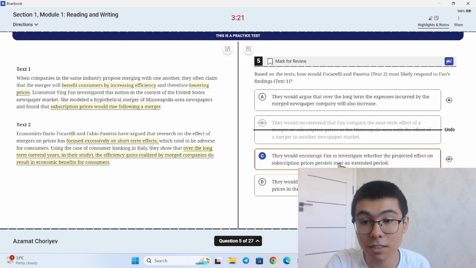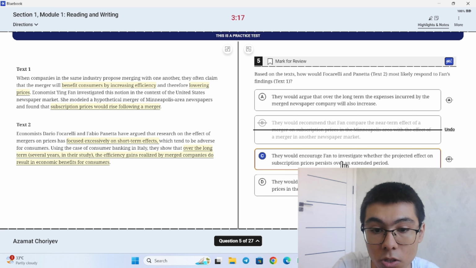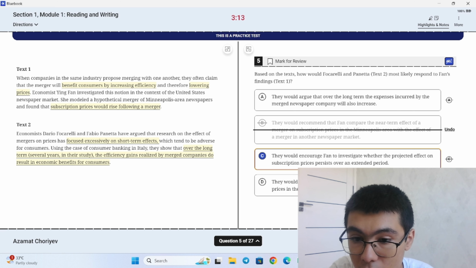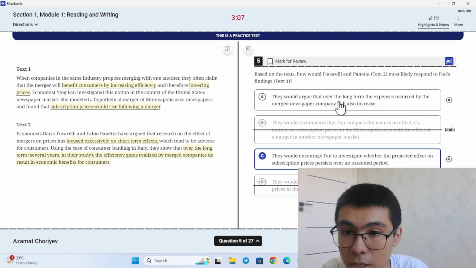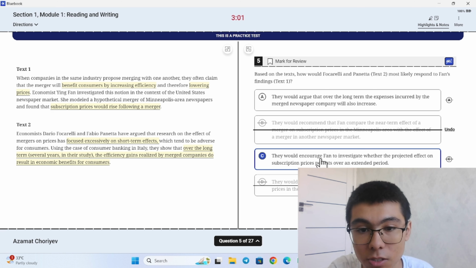Yes, C is correct. Over an extended period, it's telling that it has to focus on the long term as well. No, nothing about most other industries. A is incorrect because the best choice here is C.